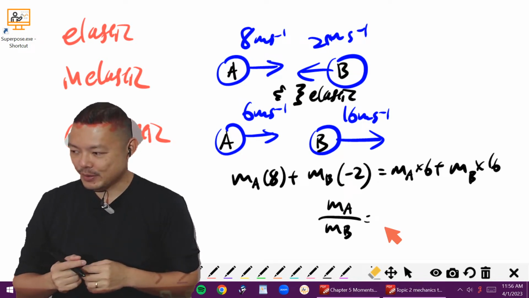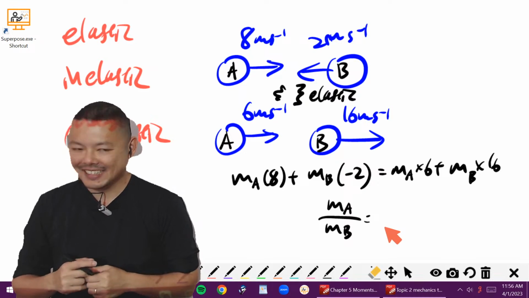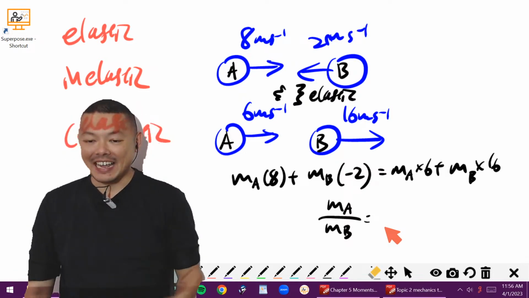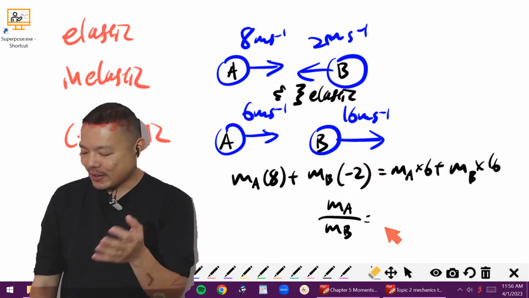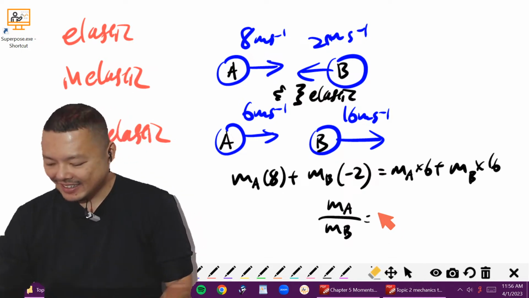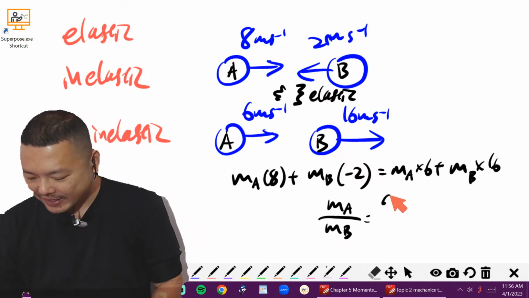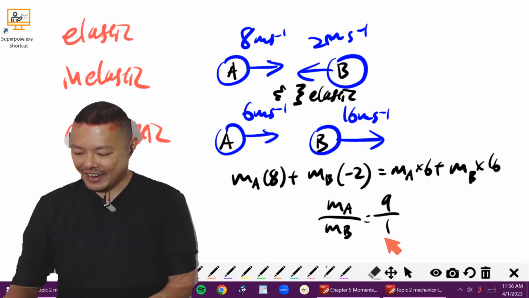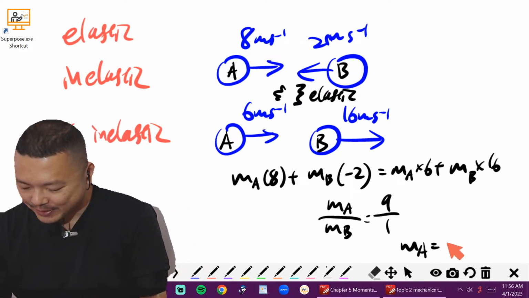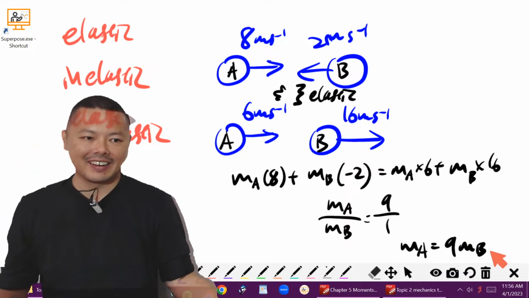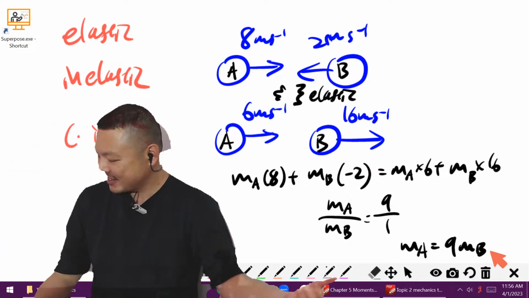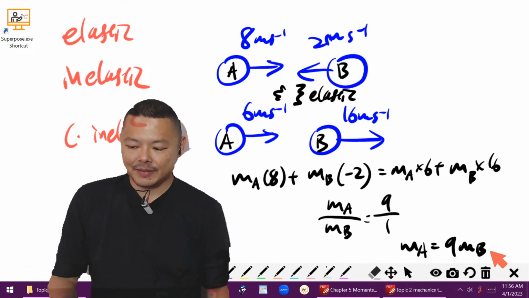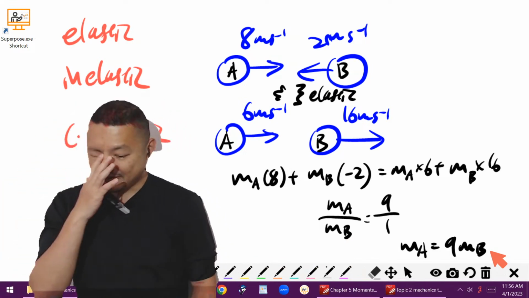MA to MB is 1:9. A is more massive, right? So the mass of A is 9 times the mass of B. So I would say 9 over 1 is correct. If you cross multiply, MA equals 9 times MB, right? So that makes sense. Okay, so 9 times.